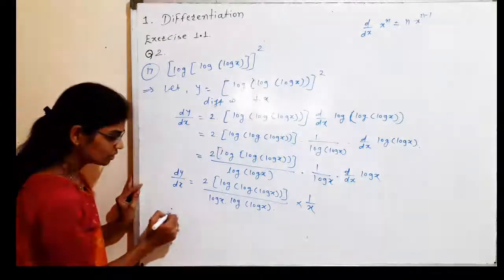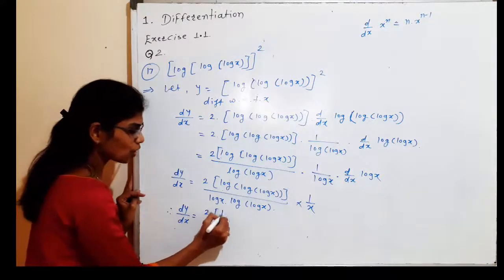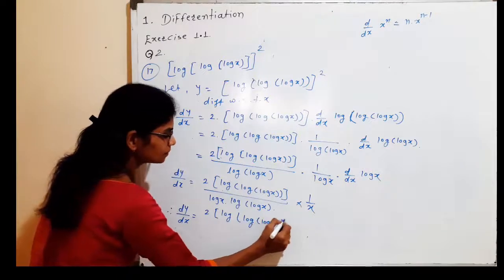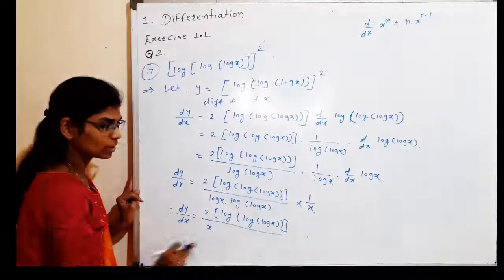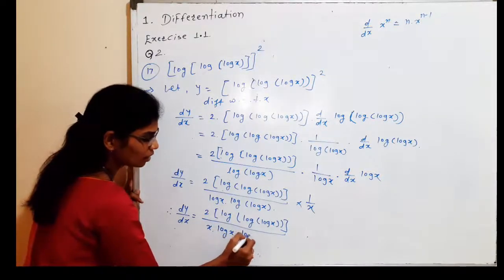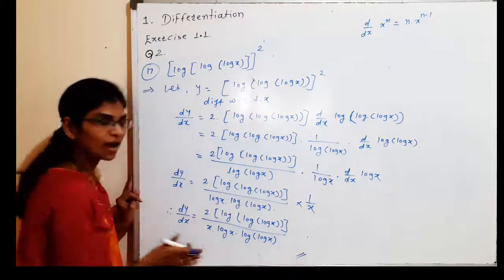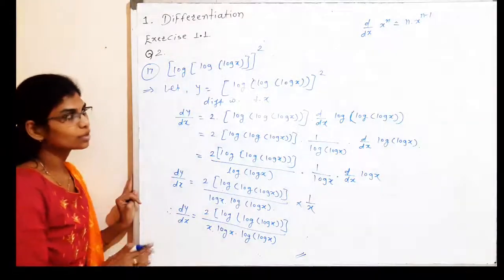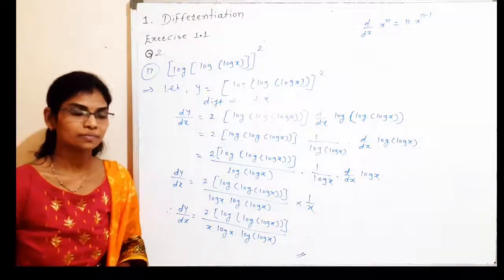So the final answer, the derivative of y with respect to x, is equal to 2 into log x as it is, divided by x multiplied by log x multiplied by log x, and that is the derivative of the given function. So you can write it down or take a screenshot.